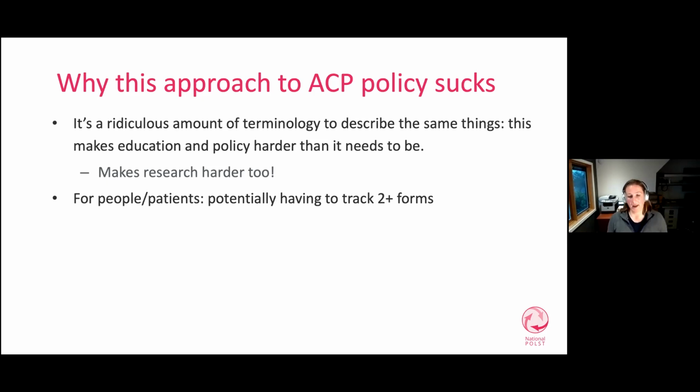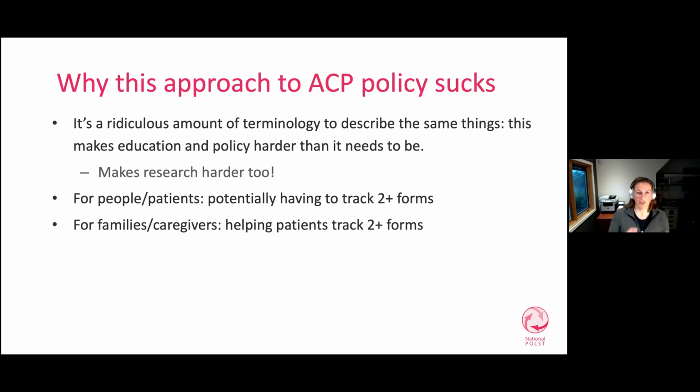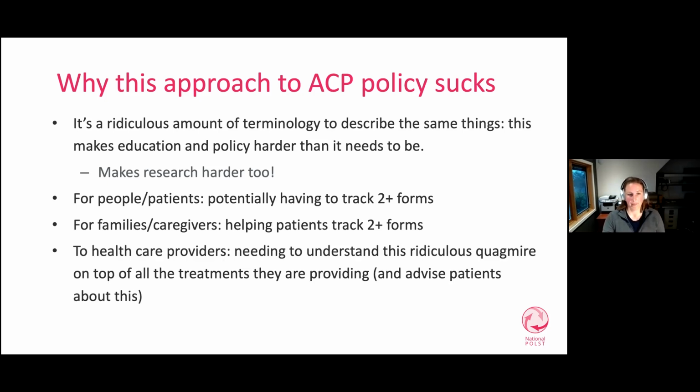And so right now, for those people or patients, we're telling them, please do advanced care planning. But by the way, you might need to have 2 or more forms that you need to track and keep updated. For families and caregivers, you need to help patients track 2 or more different versions of the form. And for our healthcare professionals, we're asking them to understand this ridiculous quagmire on top of providing care and treatments to our patients.